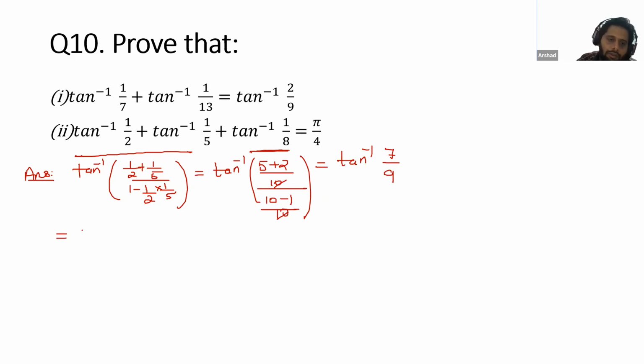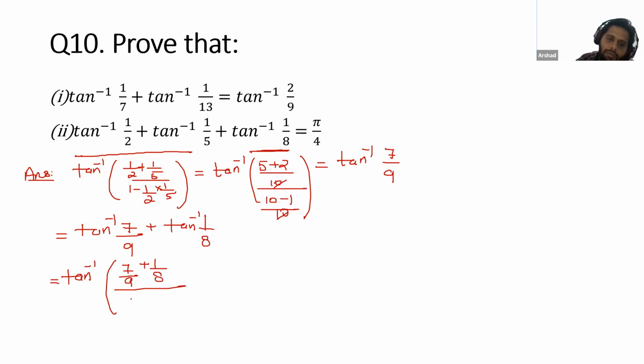Okay, so here we have tan inverse 7 by 9 plus, I missed the second part, tan inverse 1 by 8. So this is equal to tan inverse of 7 by 9 plus 1 by 8 by 1 minus 7 by 9 into 1 by 8.